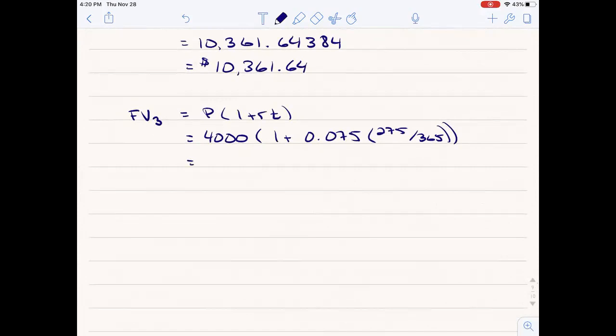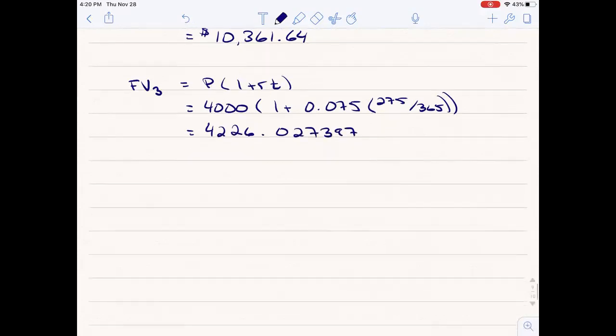And again, 275 over 365 times 0.075 plus 1 times 4,000, 4,226.027397. Rounded to 2 decimal places, 4,226.03.